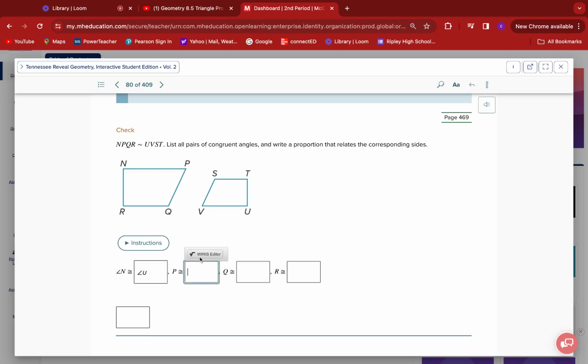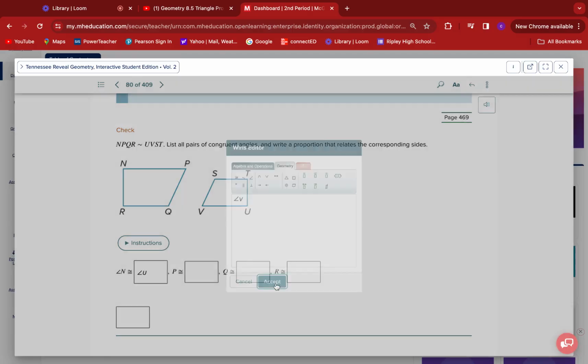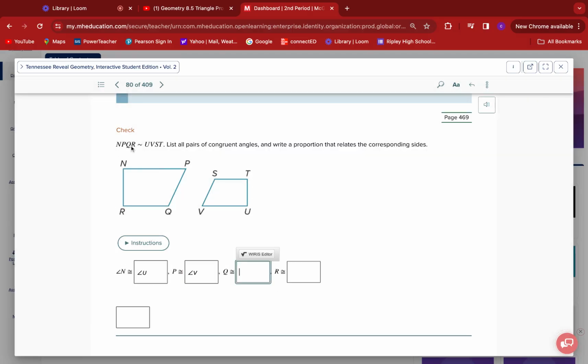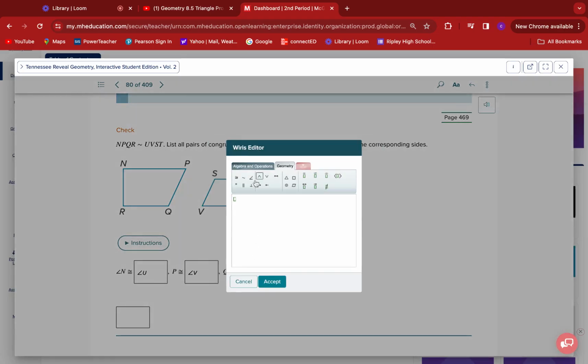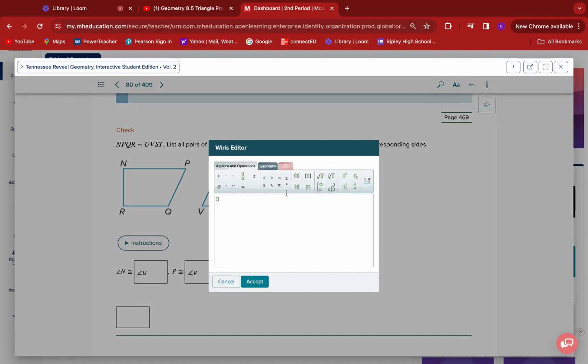Angle V. Angle Q, they say third. So what angle goes with the other? Angle S. And angle R, that's your fourth letter, 1, 2, 3, 4. So it's going to match up with T because it's the fourth letter. So angle T.